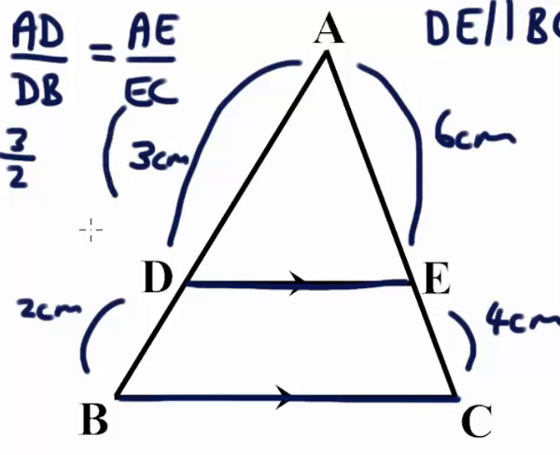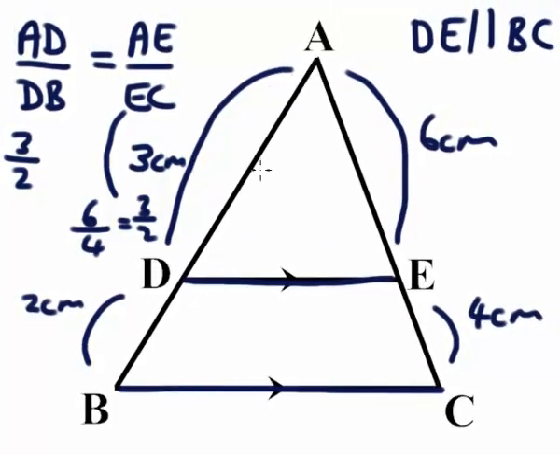AE over EC is 6 over 4. You see that there? Which is really the same as 3 over 2. So it says the ratio. Now careful, you'll notice that the length of AD does not equal the length of AE. But we can see that the ratio 3 over 2 is 6 over 4. They're exactly the same. And this is called the proportionality theorem.